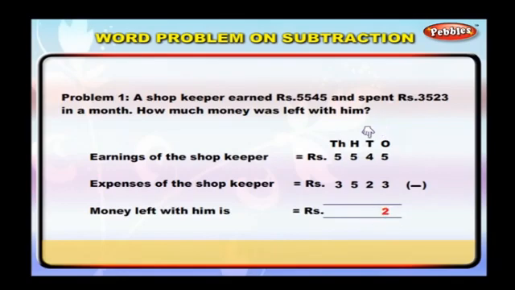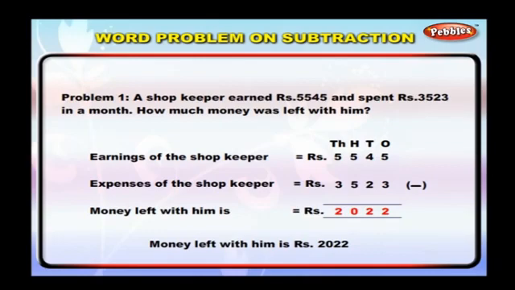Subtract tens. 4 minus 2 is equal to 2. Subtract hundreds. 5 minus 5 is equal to 0. Subtract thousands. 5 minus 3 is equal to 2. Money left with him is rupees 2,022.